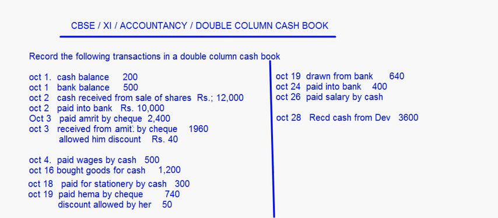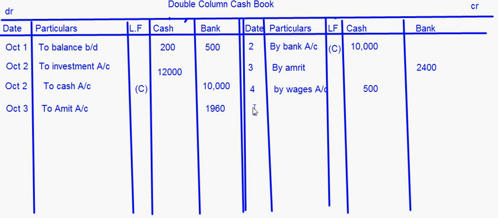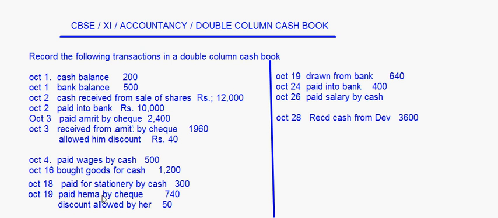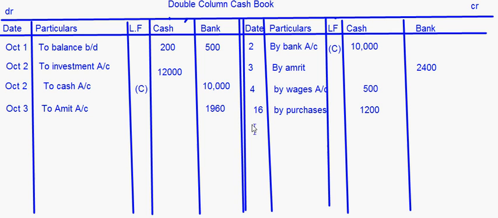So October 16th, purchases means you're paying cash, right? So it will always be here, by purchases account, and the amount is 1200, right? Okay, October 18th, paid for stationery by cash 300. October 18th, again let's put it as by stationery 300 rupees, right?